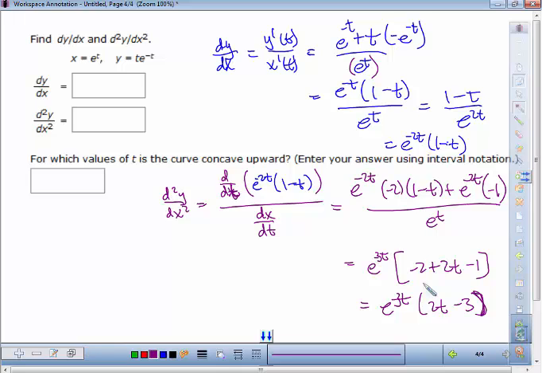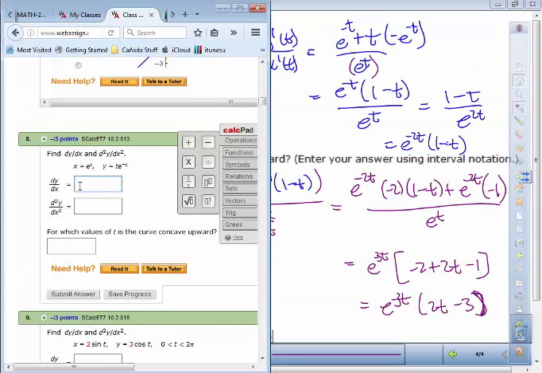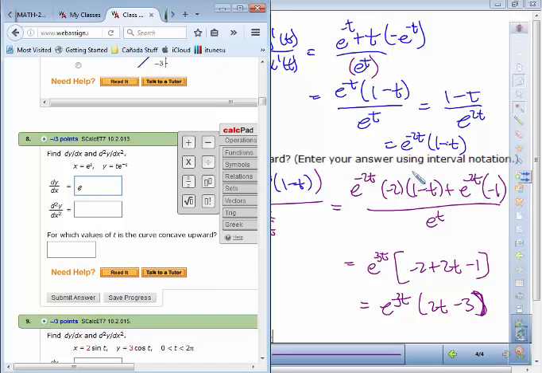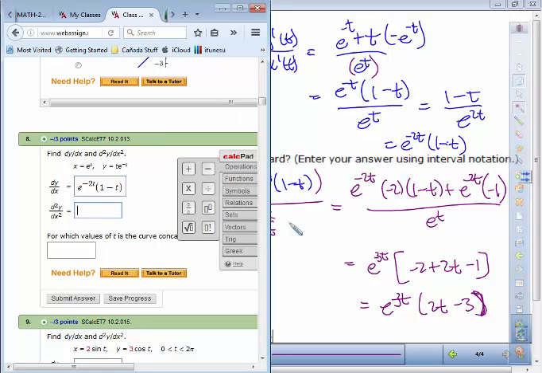Let's check our answers. The first one, let's do the simplified version: e to the negative 2t times 1 minus t. And the second one, let's do the non-simplified version just for fun.